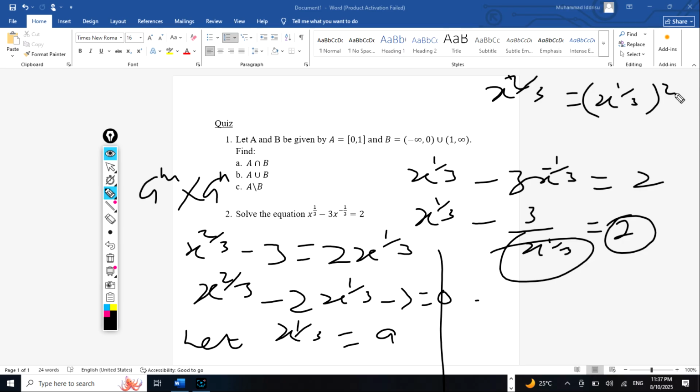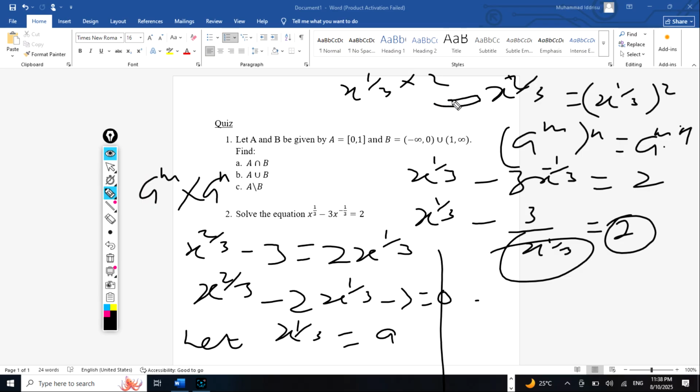Why? Because if we use the property of indices, which states that a to the power m all to the power n is equal to a to the power m times n, we will see that x to the power 1 on 3 all to the power 2 is the same as x to the power 1 on 3 times 2, which is the same as this guy, x to the power 2 on 3.